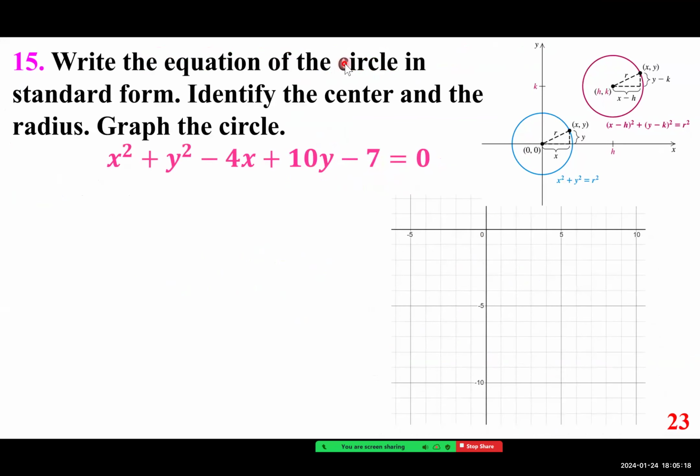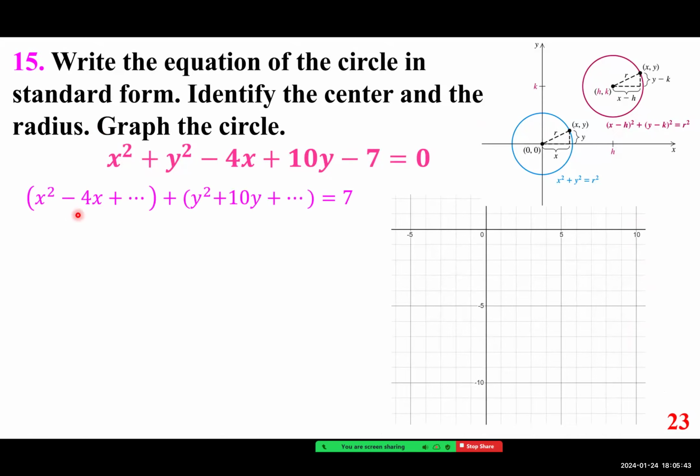Write the equation of a circle in standard form, meaning either this one or that one. Identify the center and the radius, and graph the circle. Well, we are going to put the x squared and -4x together, y squared and 10y together, and we move the constant to the other side, so it becomes positive. We make this into a perfect square trinomial.